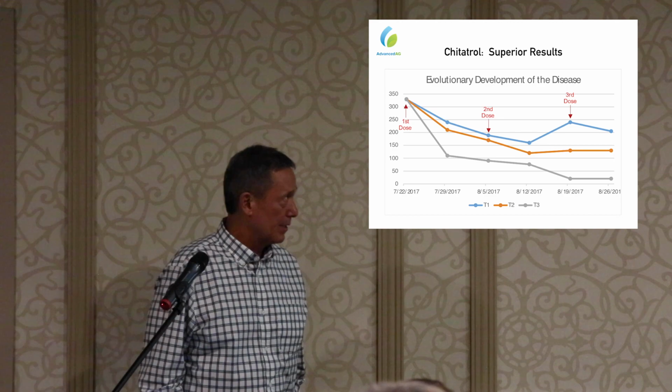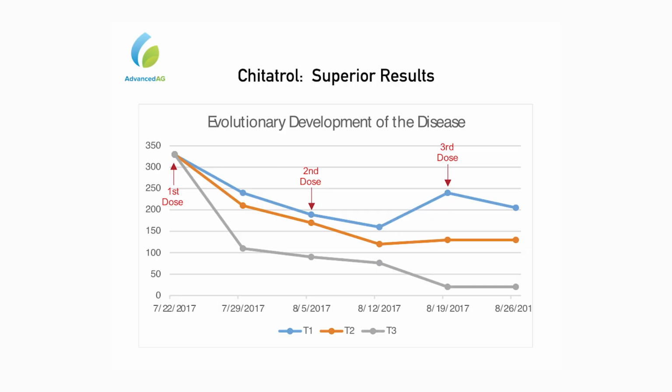The standard practice uses an index called the evolutionary development of the disease. They look at leaf eruption rates and visual things, but an index of 200 means apply more fungicide right away. In this case, the control and the two Chitotrol tests were started when the disease was pretty severe.